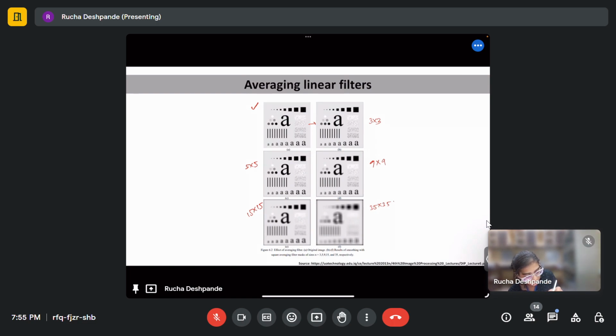Then as we increase the size of the filter, it will become more and more smoothed, because each output pixel value will be an average of all the surrounding values in that box.